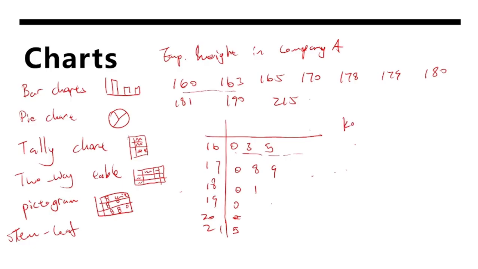And the key, we have to do this. Key 16 | 0 equals 160 centimeters. So picking a random number, for example, 18 | 1 would be 181 centimeters tall. Just remember, when you are finding the value for the stem, usually the value for the leaves will be only 1 digit, like this, but it could be 2 digits.